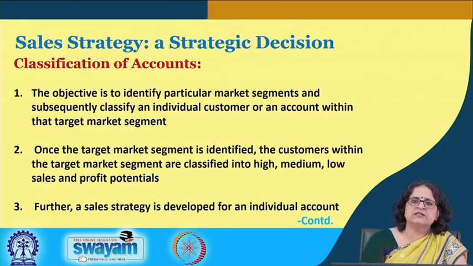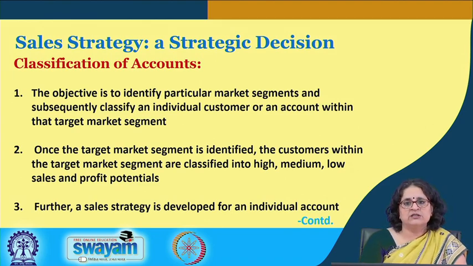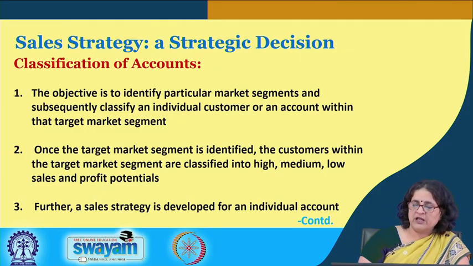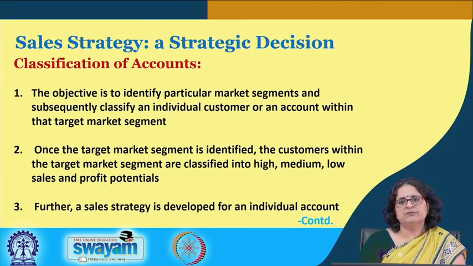And accordingly, a sales strategy would be developed for each of the individual accounts. As we said earlier, those who are in the high sales and profit potential category may be treated as one cluster, those in the medium category as another cluster, and those who are low on sales and profit potentials as another cluster. Accordingly, the sales strategy may be formulated.